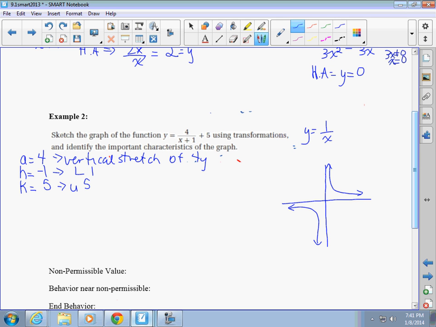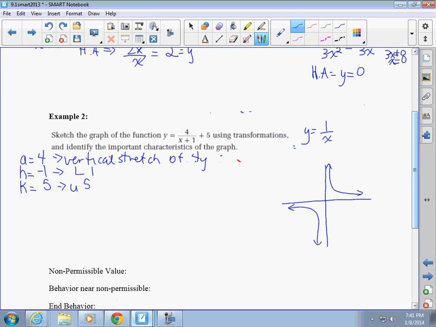If I'm doing y is equal to 4 over x plus 1 plus 5, what do I want to do? I'm using my translations here. I'm going up 5 and to the left 1.